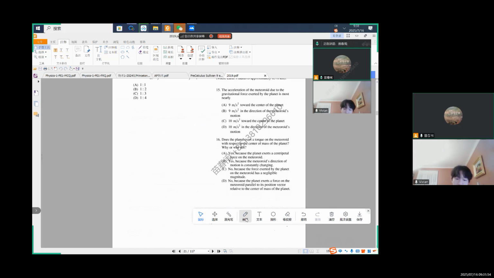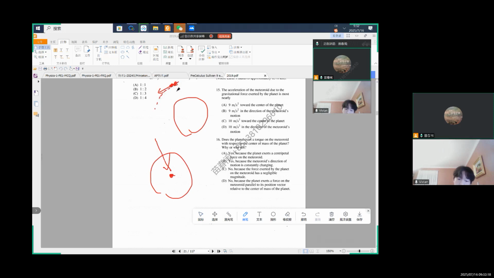For this kind of question about whether there is a torque, you have to find the pivot, or the axis. This is the axis, and this is the force. For example, if this is a rocket, you have a little fire engine there, and that makes the torque.